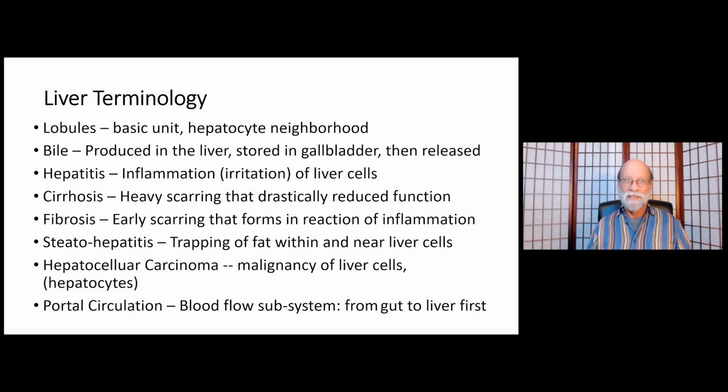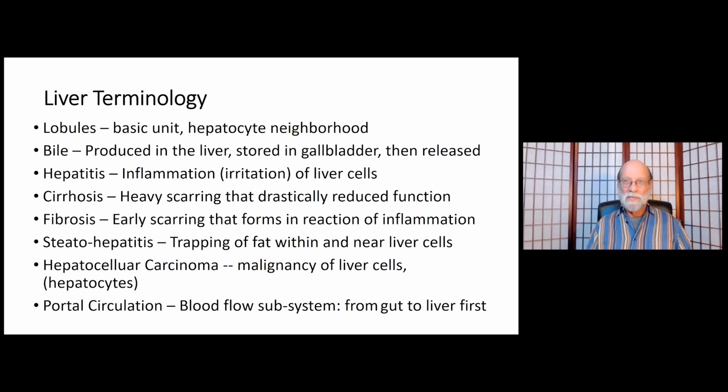And one of the parts that happens even before we get to fibrosis is this idea of fatty liver, or what's often called steatohepatitis. And this fatty liver is essentially trapping of fat within or near these liver cells so that they store fat in a way that they're not really supposed to do.